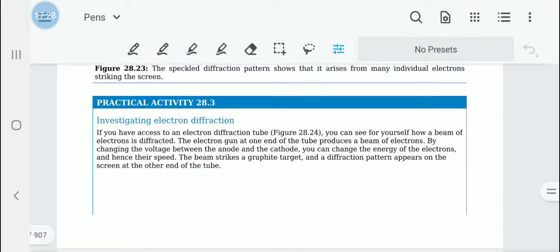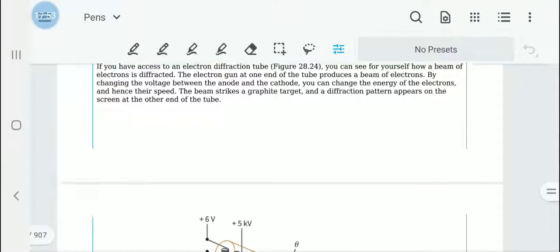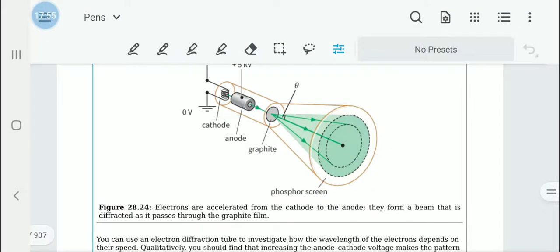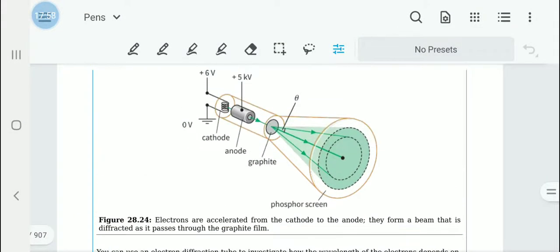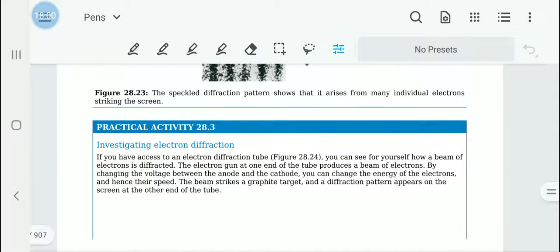We can observe these diffraction patterns when these electrons create diffraction rings, similar to what is produced by light, on a phosphor screen. I hope that makes sense.